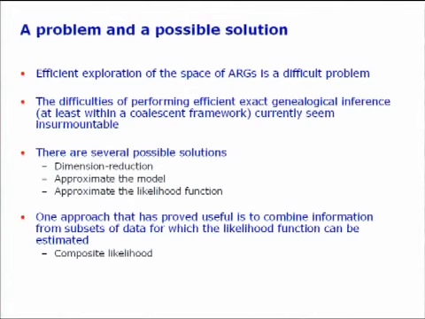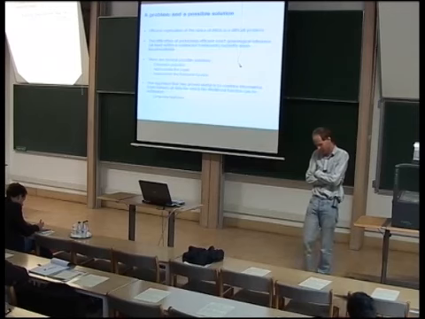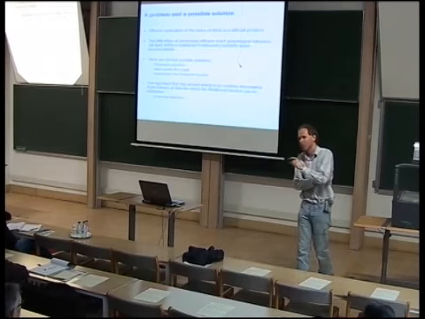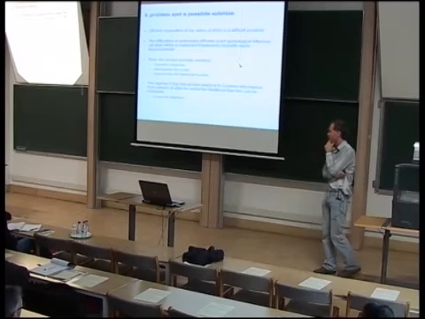We simply cannot fit the coalescent model, even with certain approximations, to large data sets. It's just not possible. So we had the quote yesterday that all models are wrong and some are useful. I think in this case all models are wrong, but this one's useless in the sense that we actually can't do anything with it really.